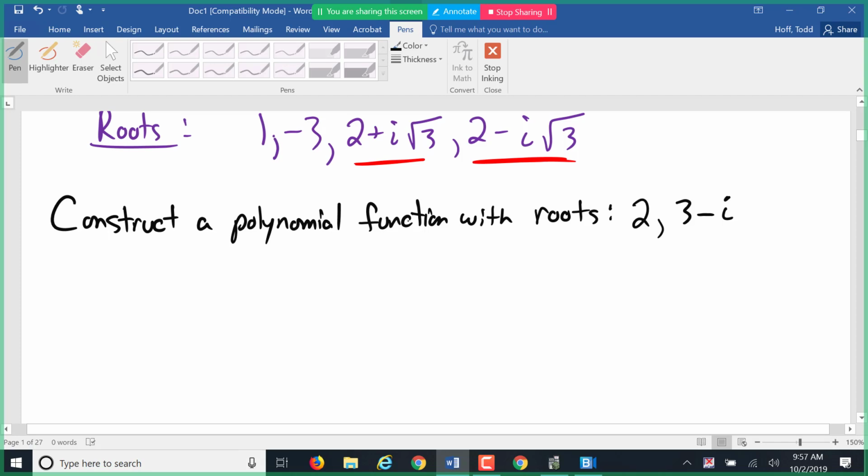So I'm going to give you a couple minutes to think about it, then we'll take a look at it. Remember, this implies a second root, which is going to be its complex conjugate. So there's 3 roots there that you're going to work with.